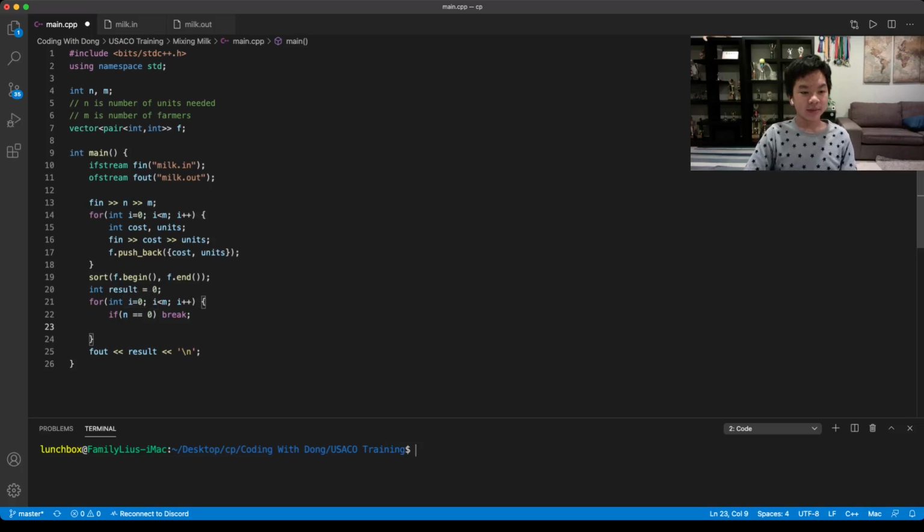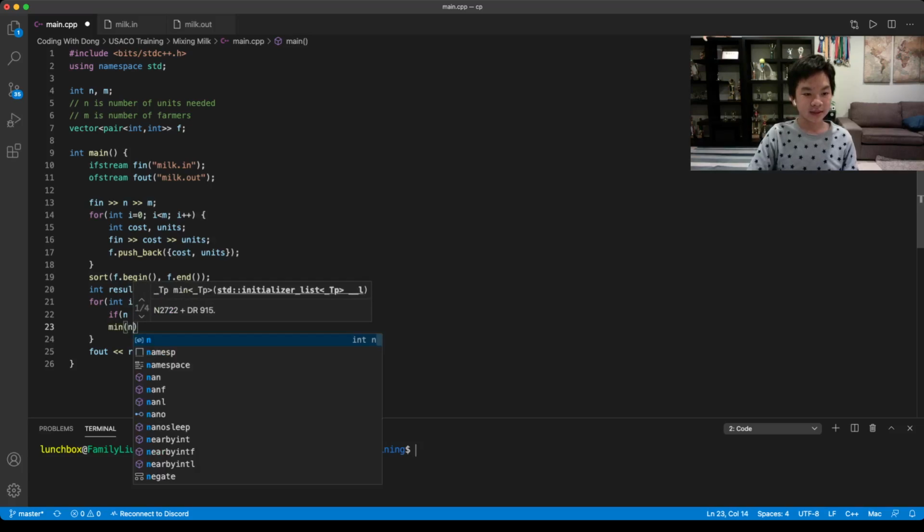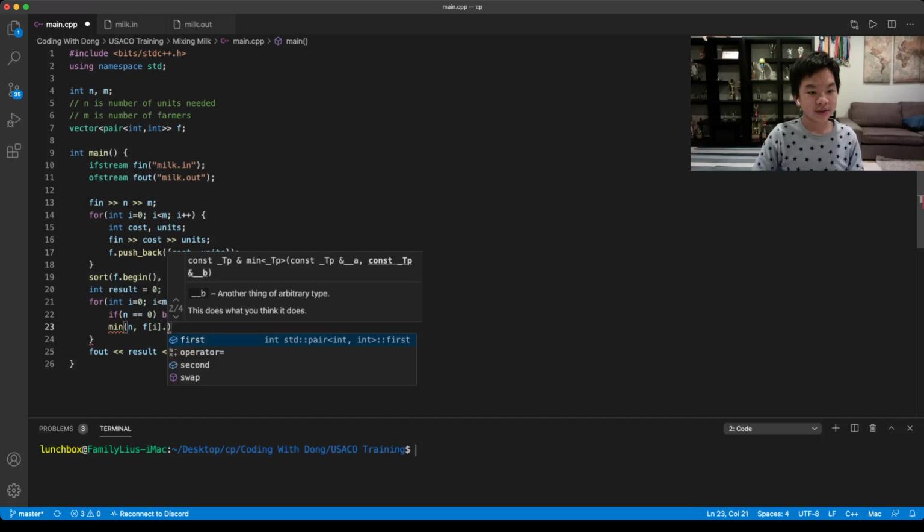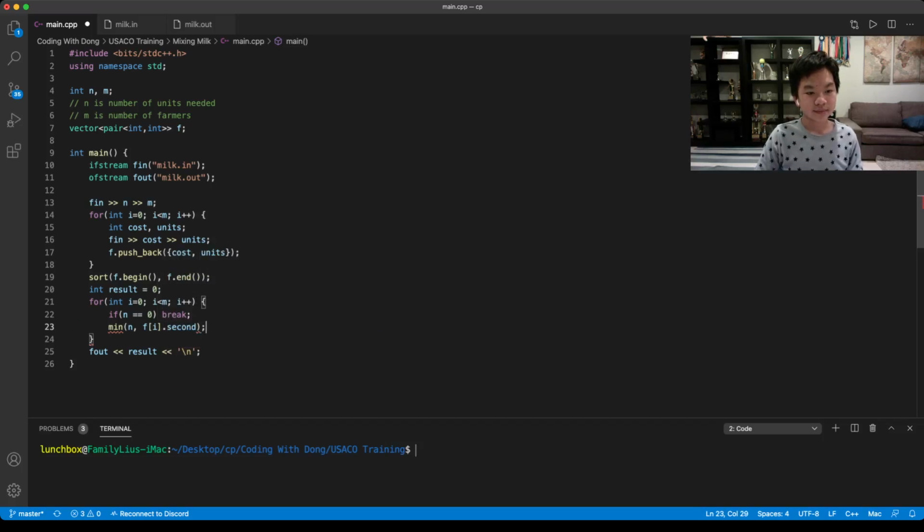So the number we're going to buy is the minimum of n and f of i second. Then you would say your result adds the cost per unit multiplied by that, so it's the first times this.